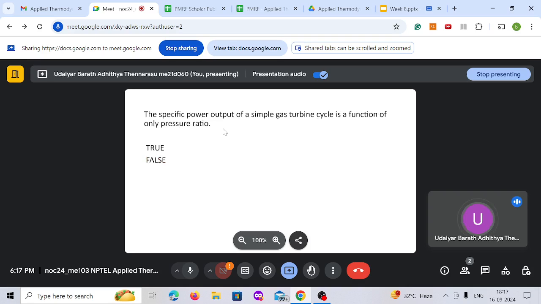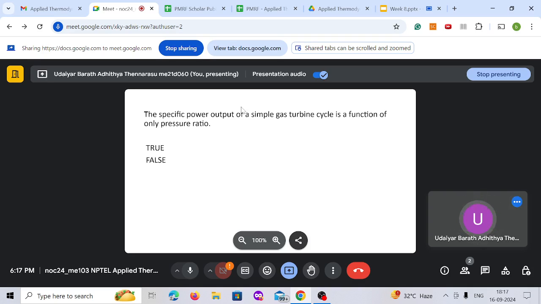The specific power output for a simple gas turbine cycle is a function of only pressure ratio. Answer A, true. Option B, false. We have already seen the expression for the gas turbine cycle. Your Brayton cycle is termed the simple gas turbine cycle.